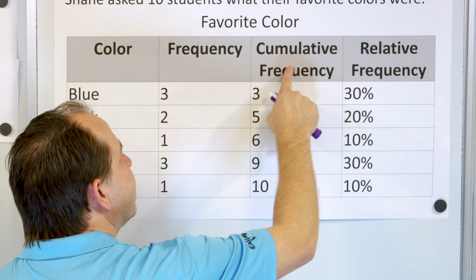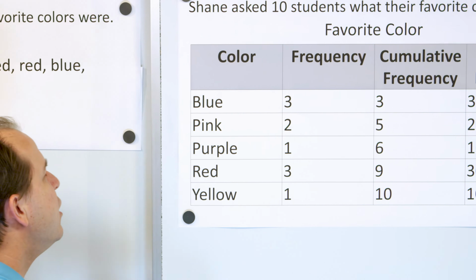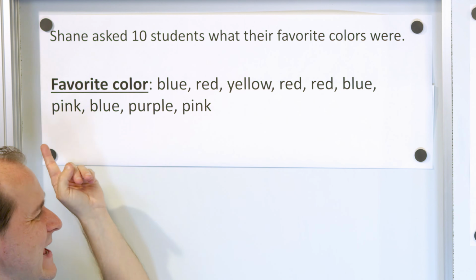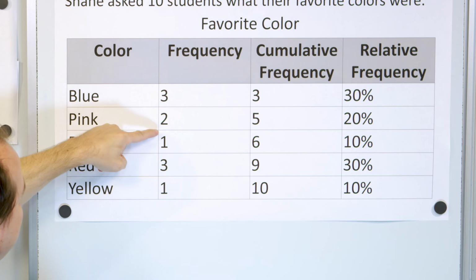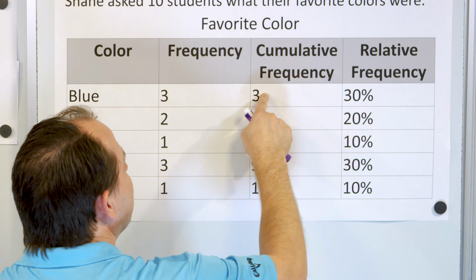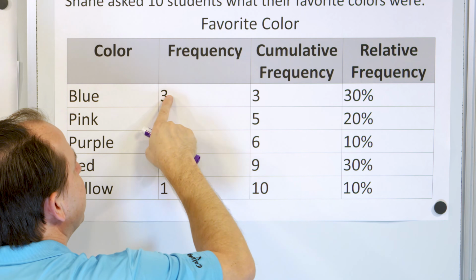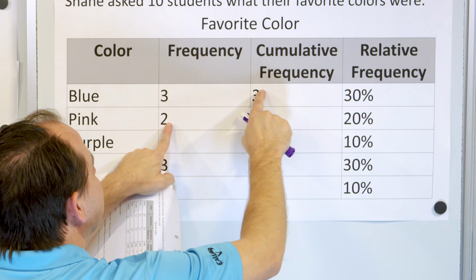Now, the cumulative frequency, the very last line item, should always be the number of respondents. Notice that we asked 10 people. We have 10 answers here. So if we add these up, 3 plus 2 is 5, then 6, then 7, 8, 9, then 10. There's 10. The way we construct this is the first line in the cumulative frequency is just this number. And then, however many we get for the next one, we add them together and get 5.